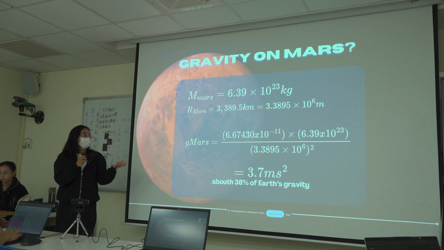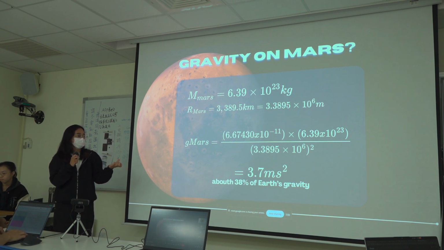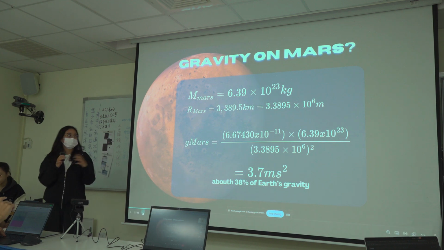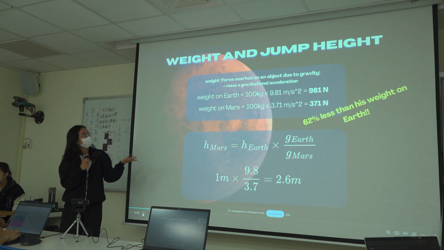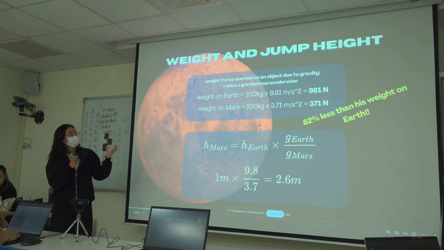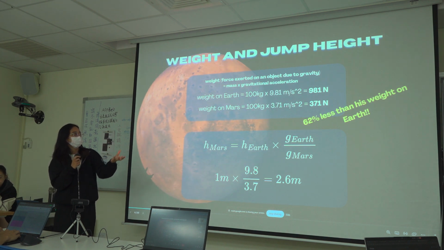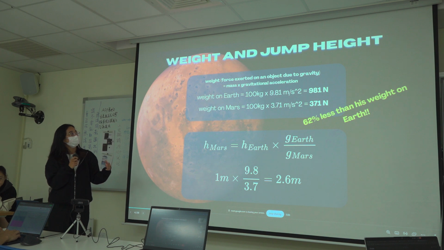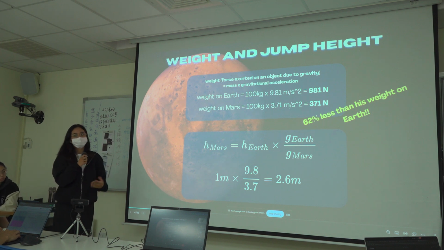Knowing this, it is proof that Mars gravity is lighter than it is on Earth. So for the next part, we will use this proof to see how Watney's weight or movement, like his jump height, differs between Mars and Earth. First, we will find the weight, or the force exerted on an object due to gravity.